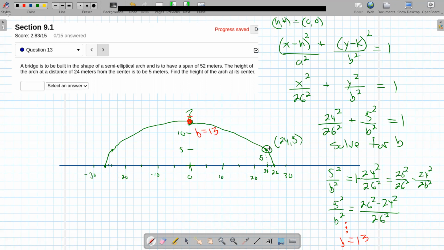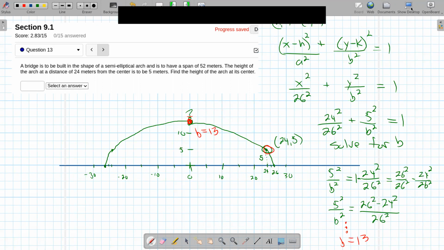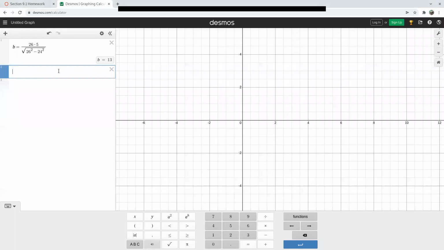Next thing we have to check is, did we really get the point 24, 5? Check that on my calculator. So next thing I'm going to do is graph what I think my ellipse is. So I think it's x squared divided by 26 squared plus y squared divided by 13 squared equals 1.